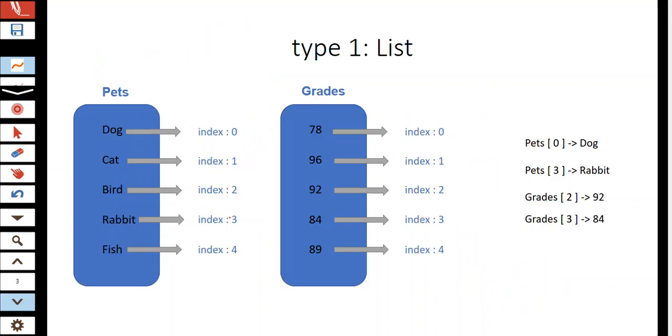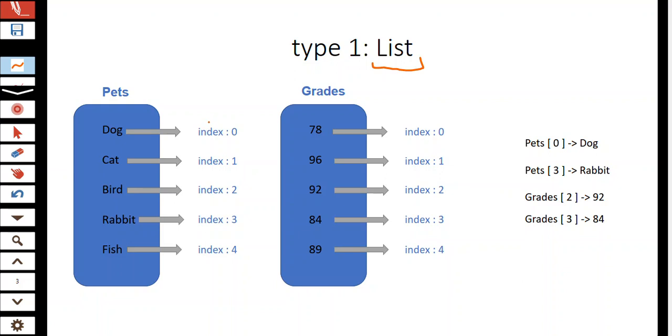Now, let's talk about the first type and the simpler type of collections, which is the list. List is simply a collection or container of items under the same variable name, right, or the same name. And the identification or the identifier of each item in our list is called the index or the position, right?